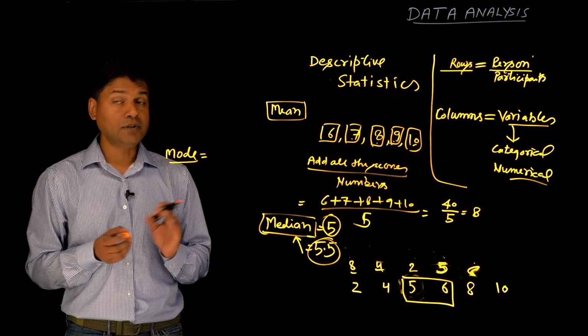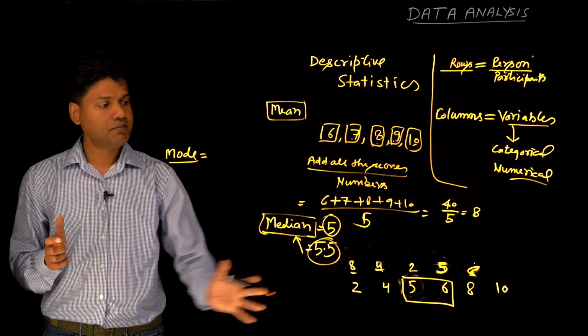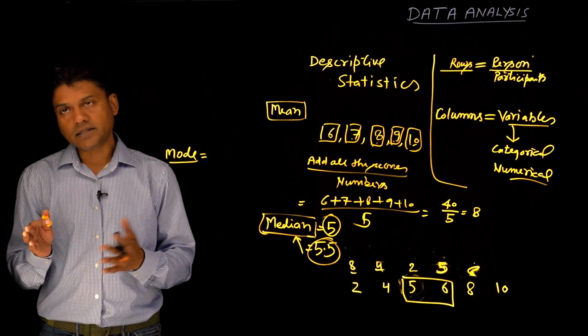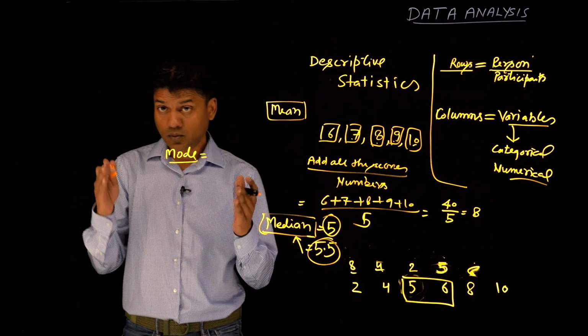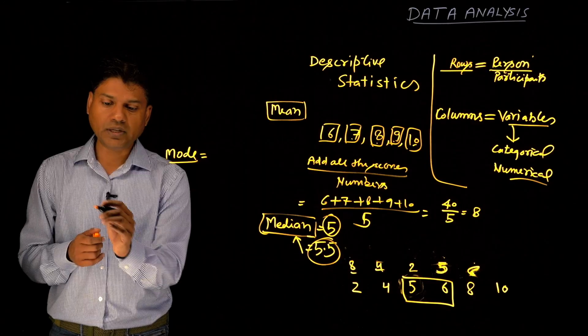Let's say I have a data set. Take the same example of a stress score of students, and let's say the values are between 1, which is the minimum, and 10, which is the maximum. So let me write some scores here.